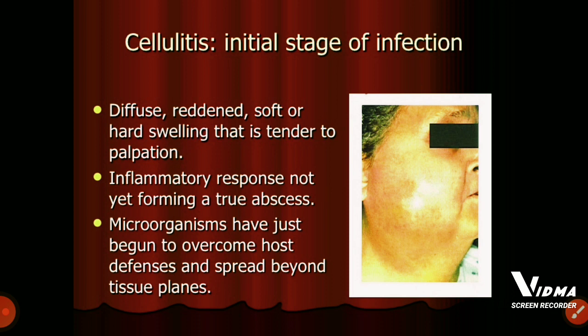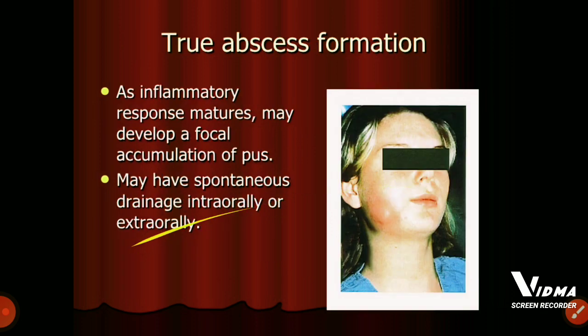There is no formation of abscess, and this is the basic difference between the initial and the final cellulitis. The initial cellulitis is a red, soft to hard swelling without any abscess, and the final cellulitis is the cellulitis which has an abscess.